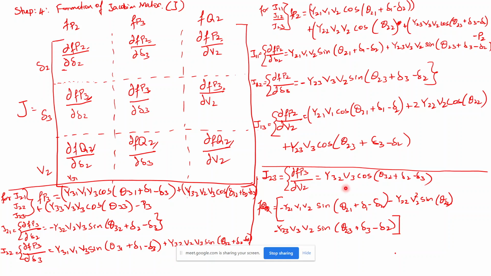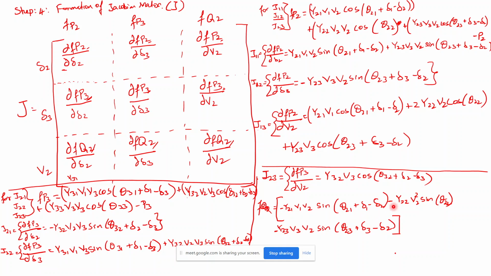If you differentiate this with respect to del 2, this is sine, and the derivative of sine is plus cos. Already we have one minus here, and this minus and that minus get cancelled. The rest of the value is y21 v1 v2 cos of theta 21 plus del 1 minus del 2.